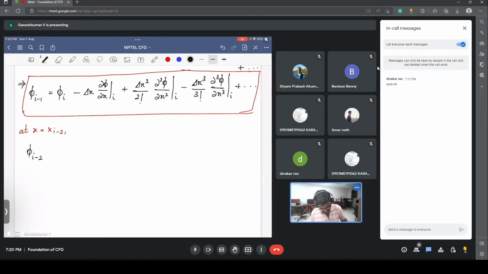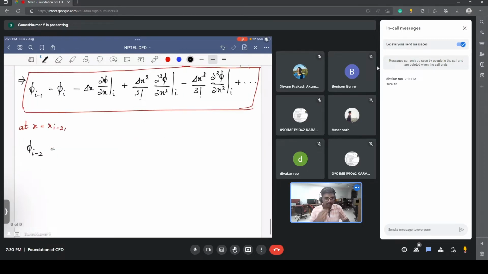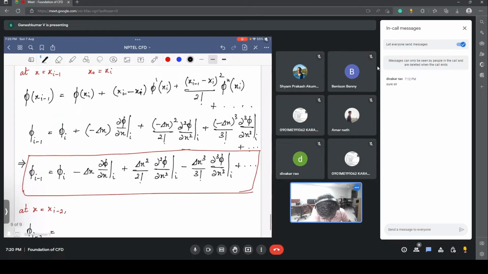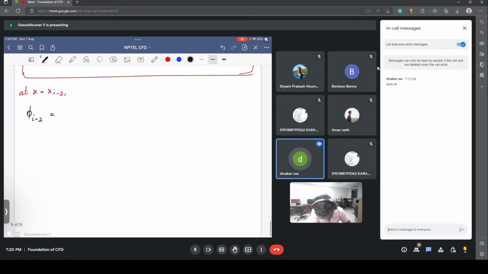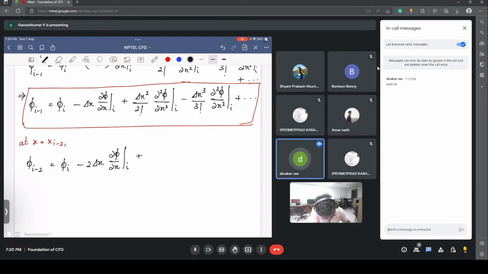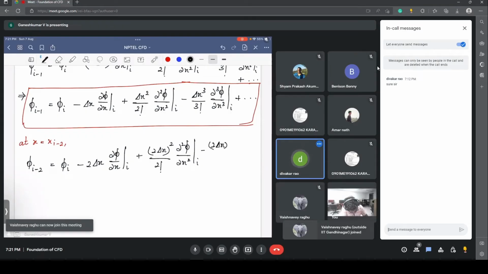Phi I minus 2 would be phi I, minus 2 delta x dou phi by dou x at I, plus 2 delta x whole square by 2 factorial dou square phi by dou x square at I, minus 2 delta x whole cube by 3 factorial dou cube phi by dou x cube at I, something like that.